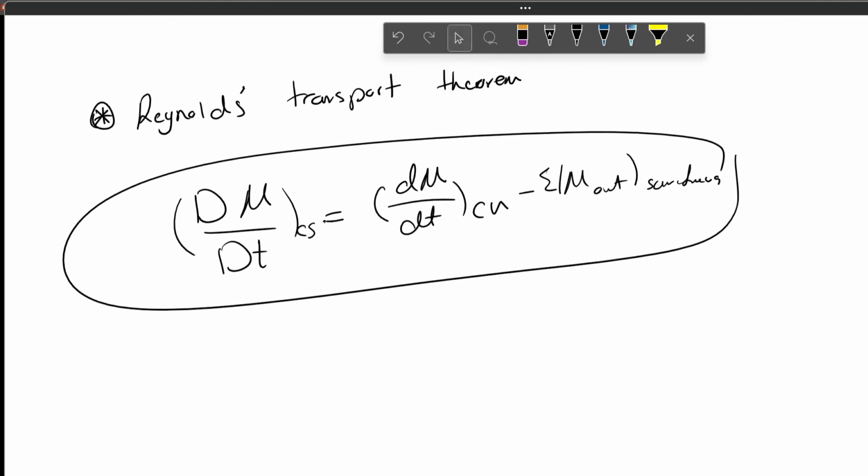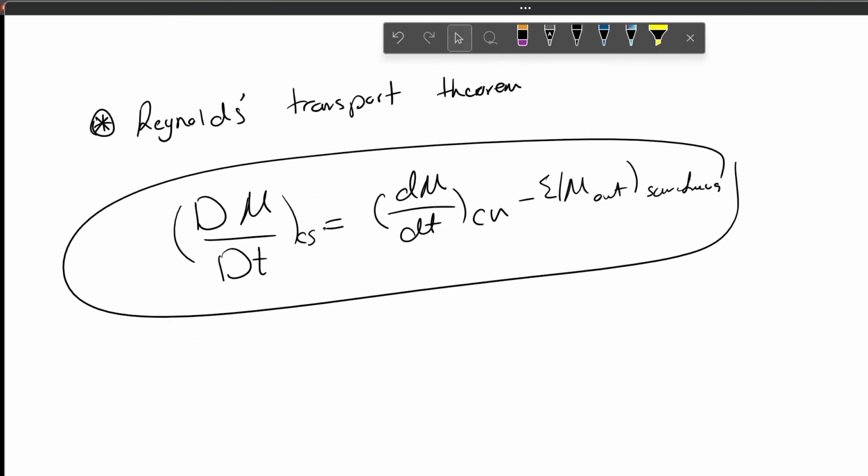But what does this mean? To understand this, you have to understand what the system is. You have seen this in your thermodynamics and fluid mechanics, right? What is a system? It's a selection in a space in which mass doesn't change.